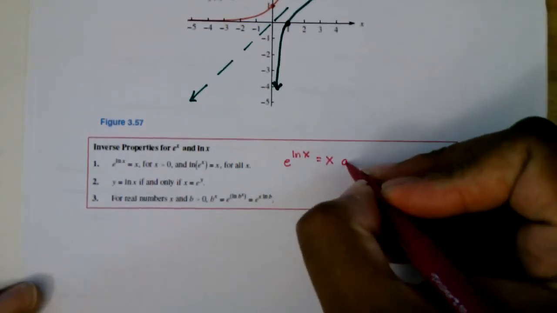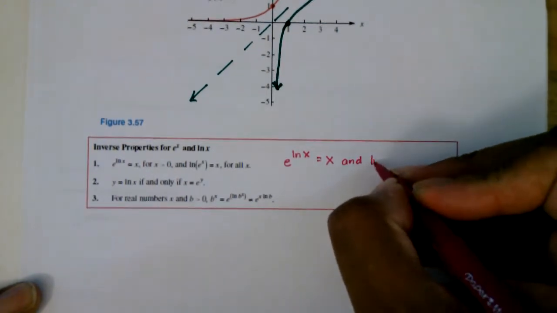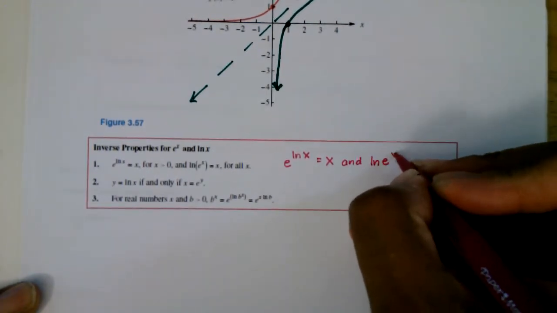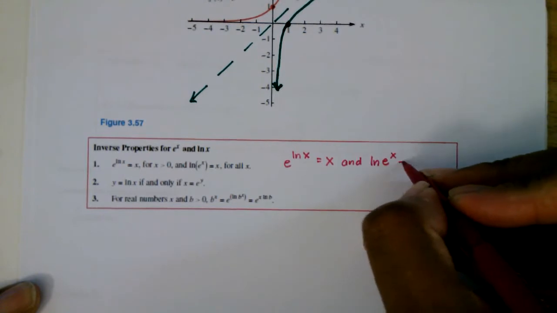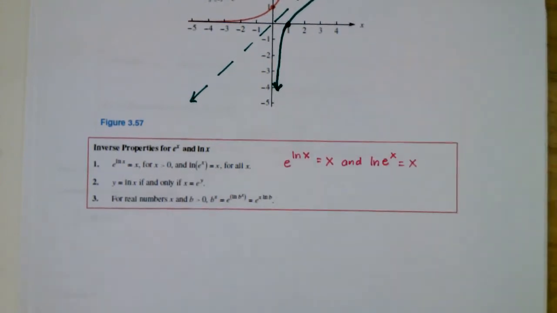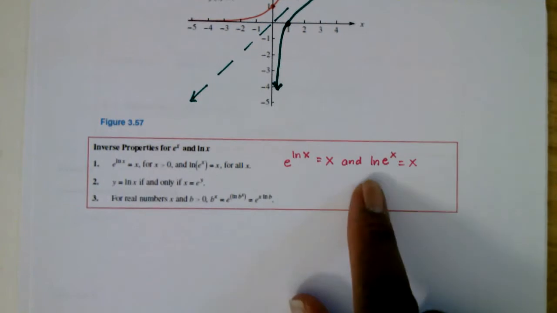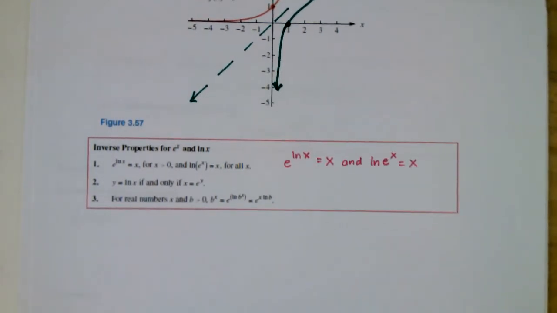And also ln of e to the x is going to be equal to x for every x. And that's because ln and e are inverses of each other in this case. So here, ln of e to whatever would be equal to whatever, and e to the ln of whatever is equal to whatever. Okay, those are inverses of each other. E and ln are inverses of each other.